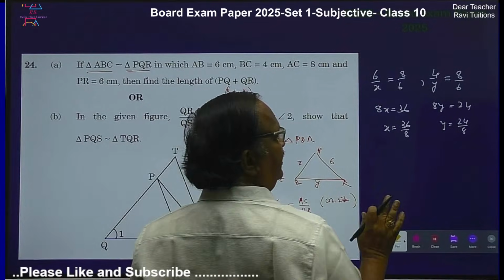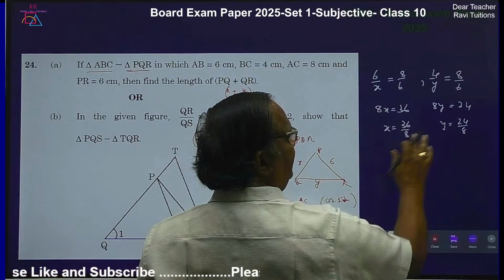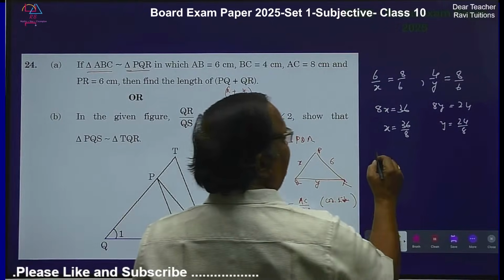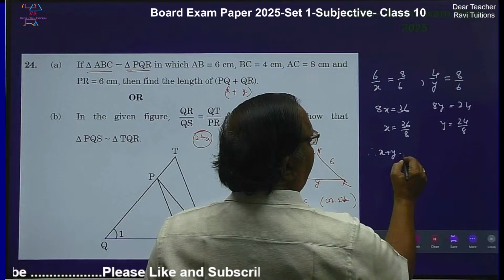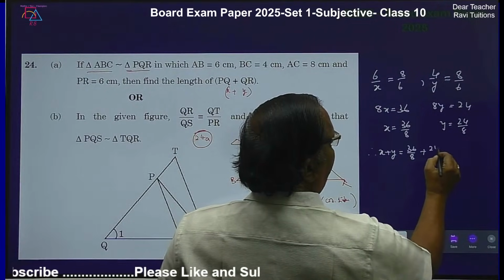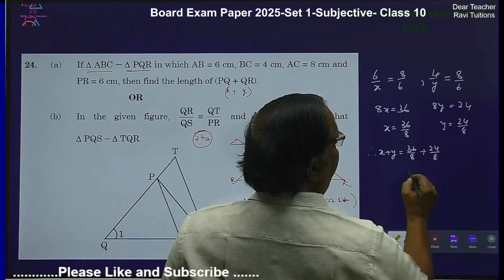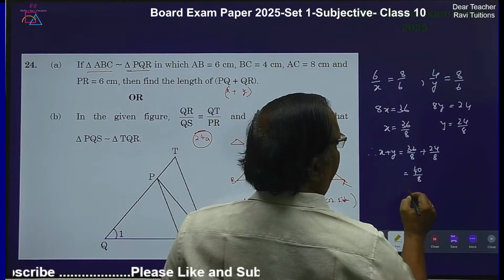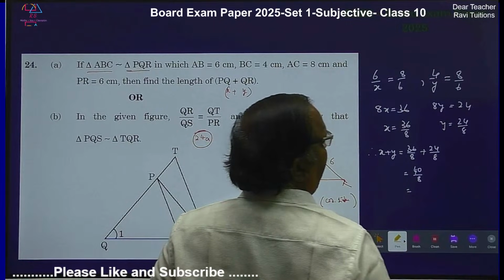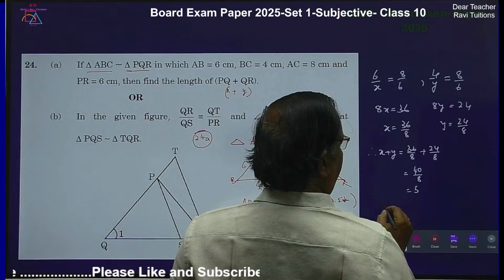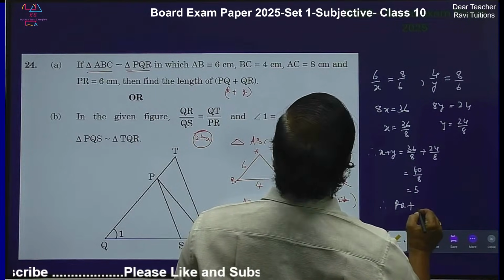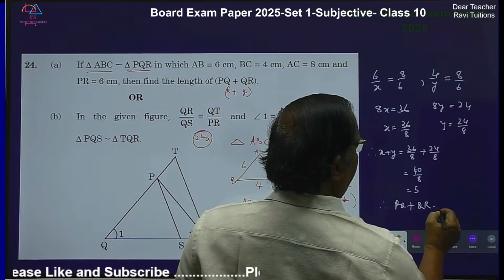I am not cancelling it because I have to find out finally x plus y. Therefore, x plus y is equal to 36 by 8 plus 24 by 8, which is equal to 40 by 8. So 5 is the answer. Therefore, PQ plus QR is equal to 5.